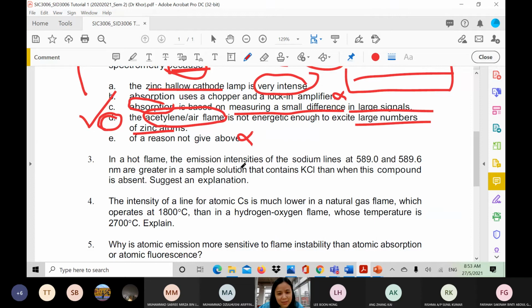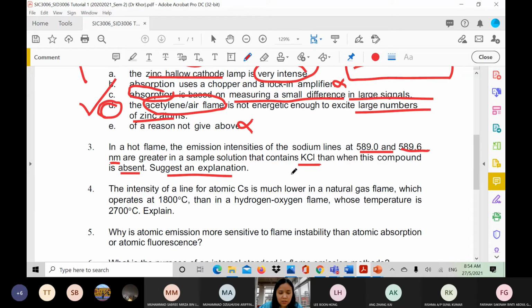In a hot flame, the emission intensity of the sodium line at its characteristic wavelength is greater in a sample solution that contains KCl than when this compound is absent. Suggest an explanation. So what is this question about?